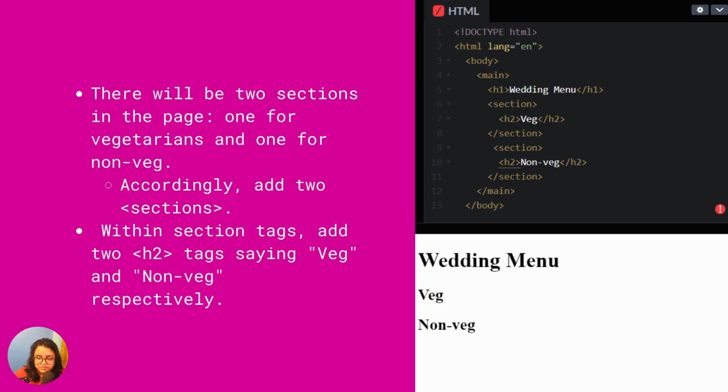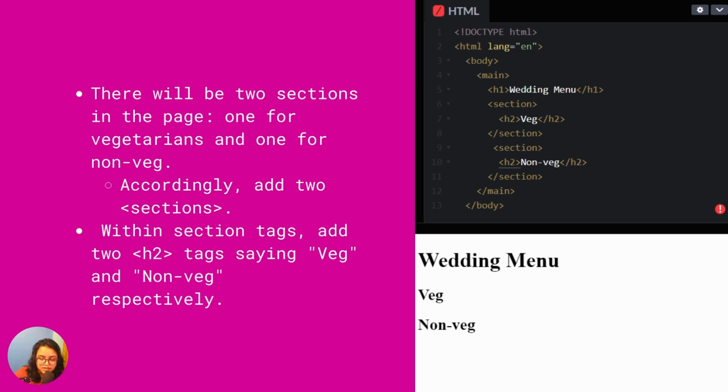See this image? Yes, exactly. Wedding menu is an H1 tag. Below it is one section. There's an ending to one section. There's a forward slash in this section tag. And within the two section tags, you have one H2 tag.